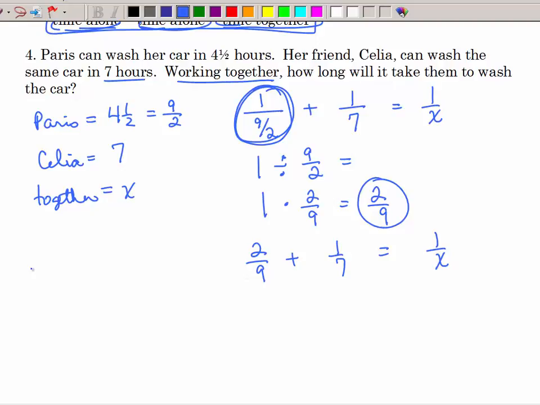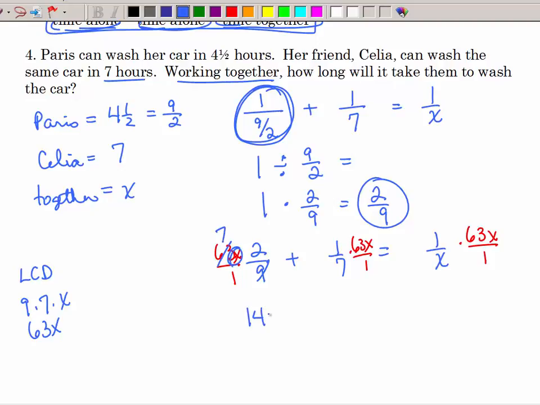Well, we're going to find that LCD. So we need 9 times 7 times x. I believe that's 63x. So let's multiply everything by 63x and reduce. So 9 goes into 63 7 times. Don't lose that x. So I have 14x plus 9x equals just 63.